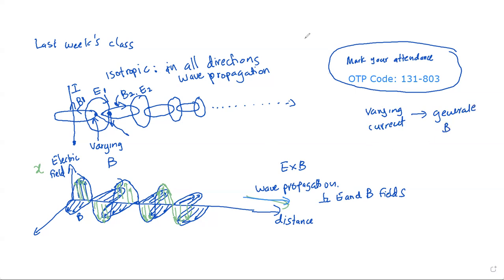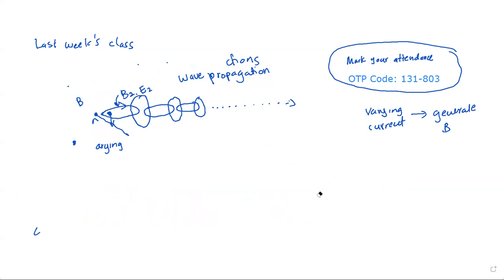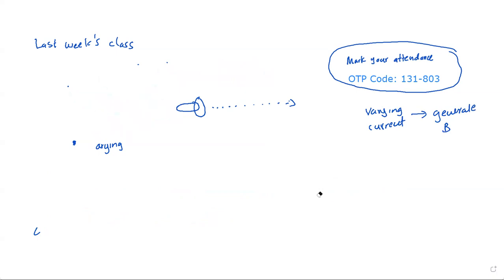So that is basically that. I will erase this. Mathematically, we can prove that a wave is generated. For that, we are deriving the wave equation using Maxwell's laws.